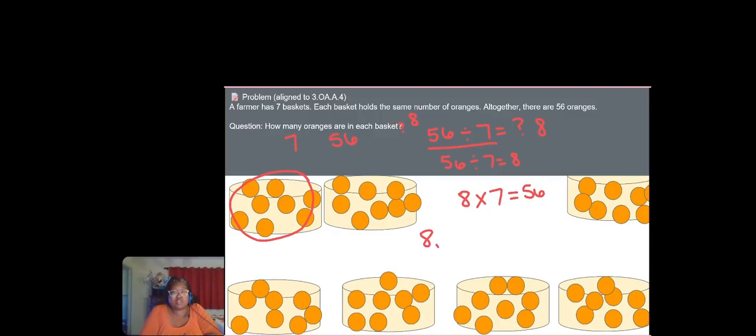So 8, 16, 24, 32, 40, 48, 56. That's 1, 2, 3, 4, 5, 6, 7. Yes. So doing 8 times 7 does indeed give us 56. So now we know that there are 8 oranges in each basket if we have 7 baskets and we have a total of 56 oranges.